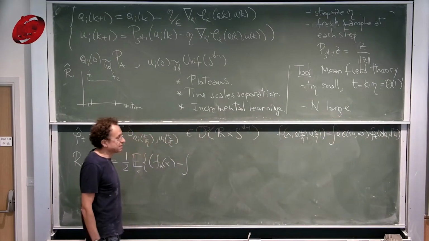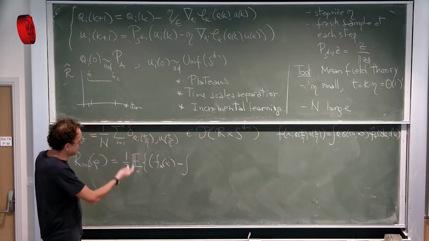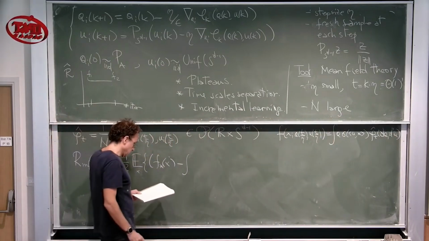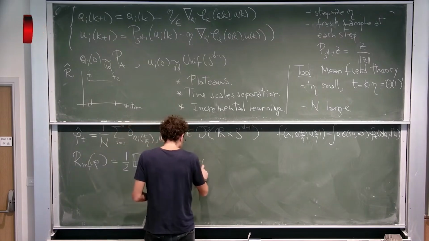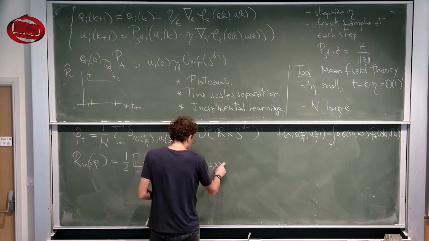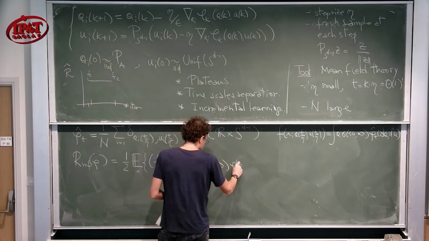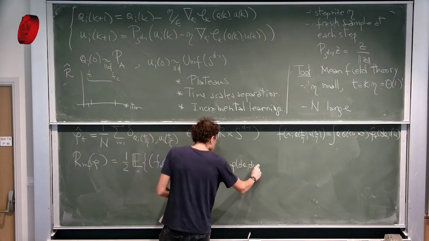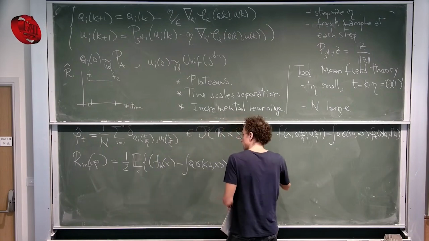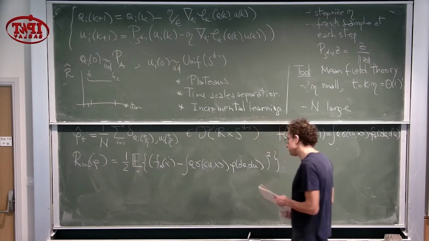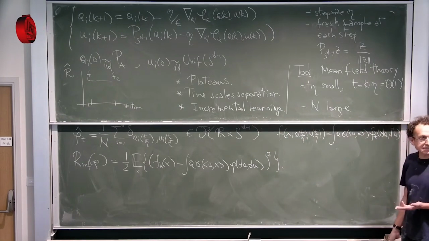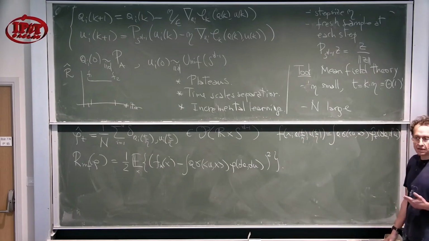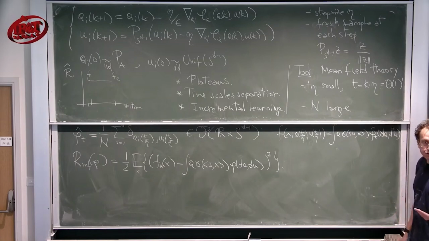I'm just rewriting the sum over i as an integral over the distribution. A nice fact about writing things like this is that while the original risk makes sense for any number of neurons, this makes sense for any distribution.